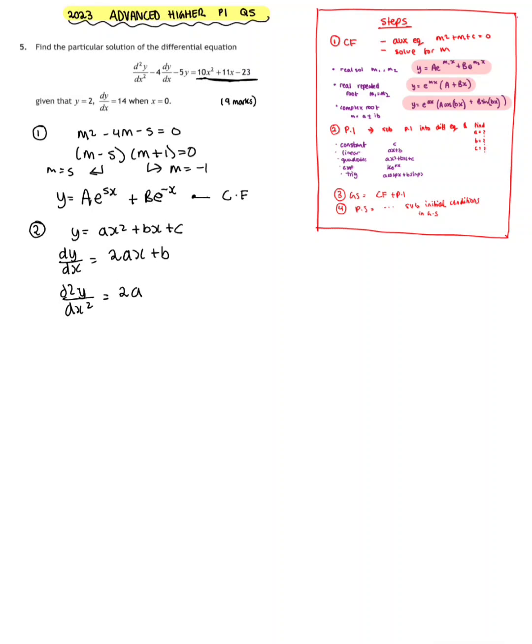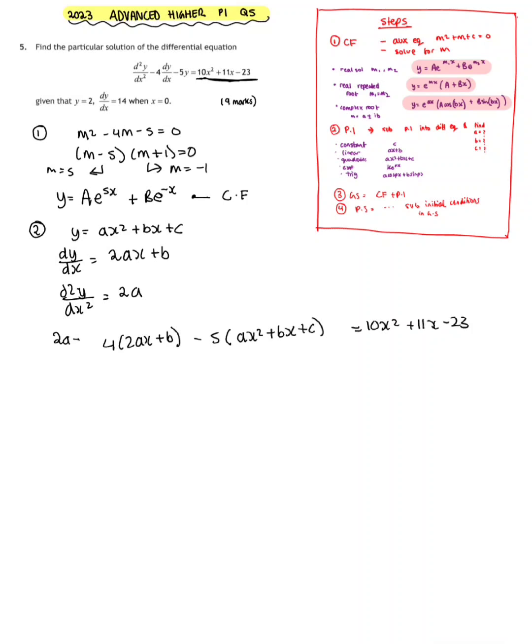So now that we have y, dy over dx and d squared y over dx squared, we substitute them into our differential equation. So that'll give us 2a minus 4 times (2ax plus b) minus 5 times (ax squared plus bx plus c) equals 10x squared plus 11x minus 23.